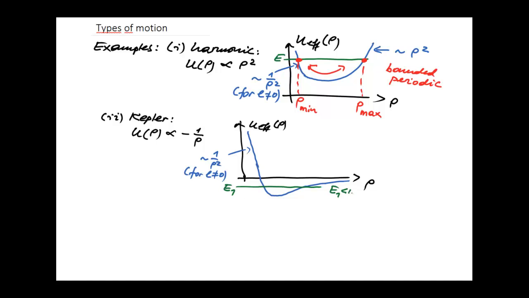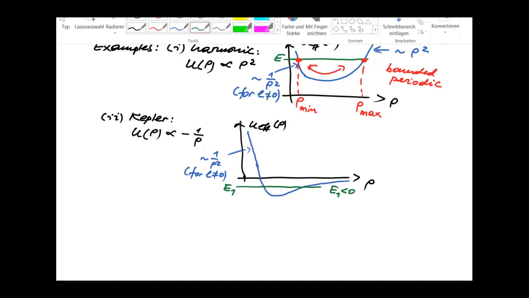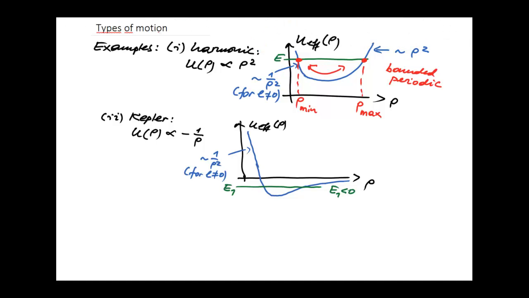In that case, the motion is bounded between two turning points. Again, you have rho min and rho max, and in between you have bounded periodic motion.